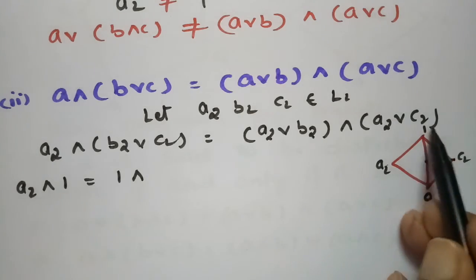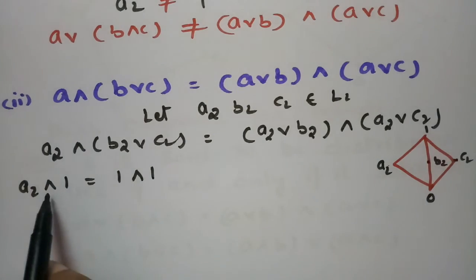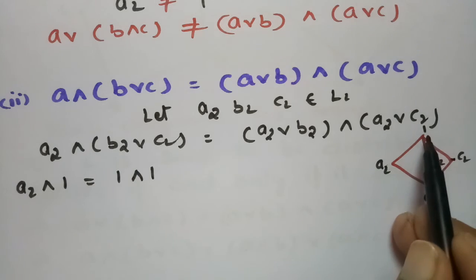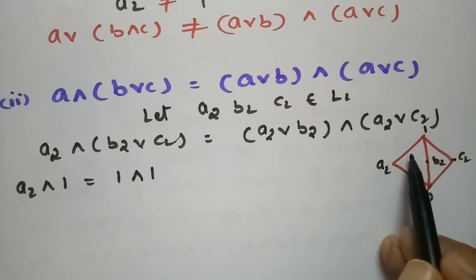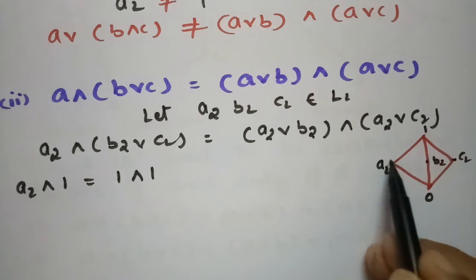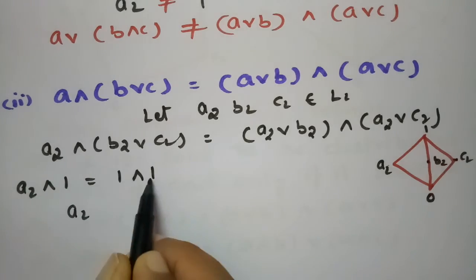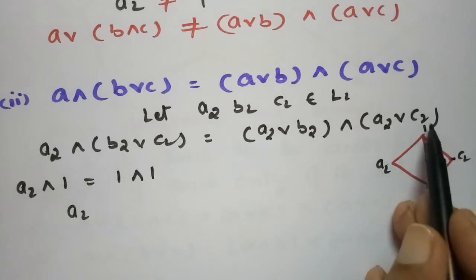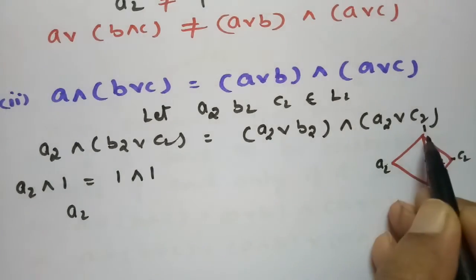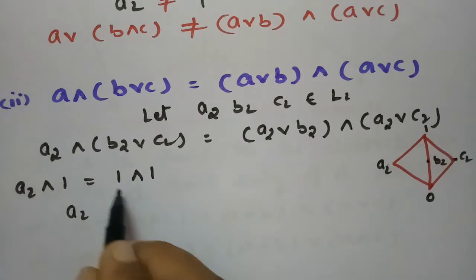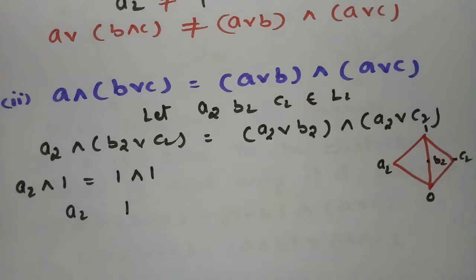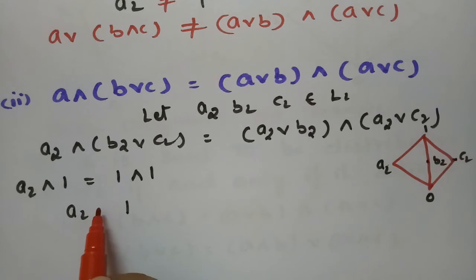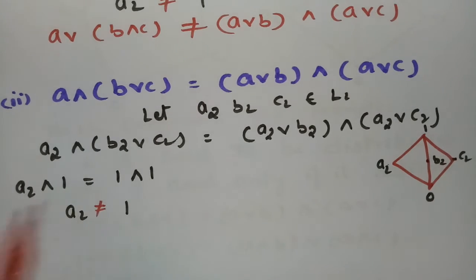They join at a point 1. So here A2 meet 1. Among these two, the greatest lower bound here is A2. And 1 meet 1, the lower bound here is again 1. So this is not verified.